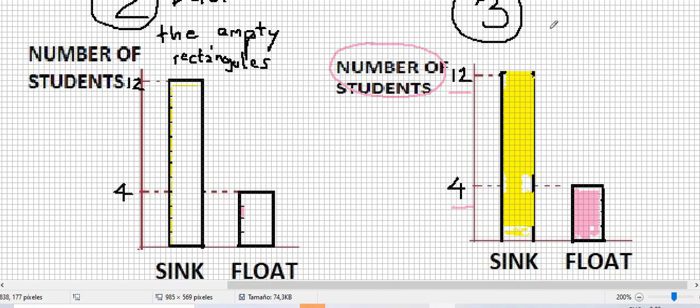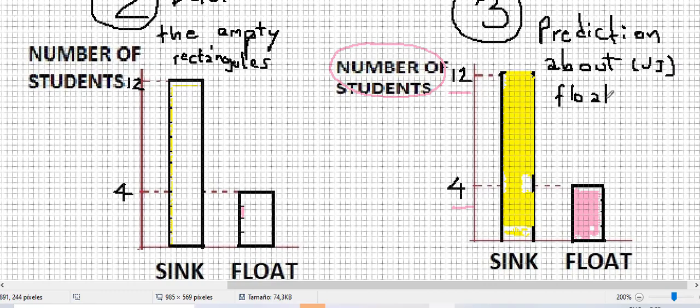In this case, for example, you can say predictions about the jam jar, is going to float or sink.